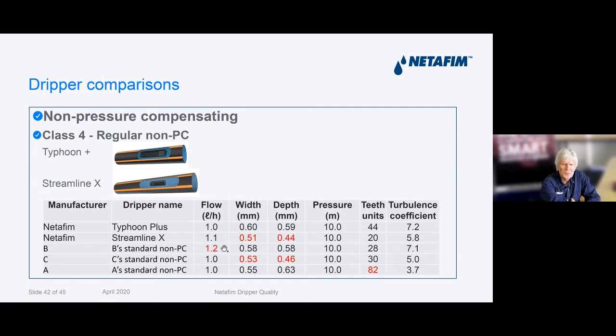So again, based on what I said before, if we're going to bring that down to 1, presumably they'd have to bring these dimensions down. The same with C here, as with the pressure compensating drippers. The lower turbulence coefficient is because of the lower width and depth, or in this case, in the very bottom one, the higher number of teeth.